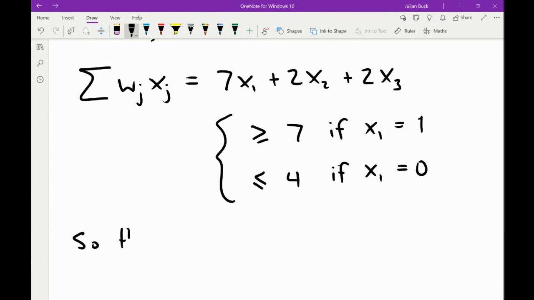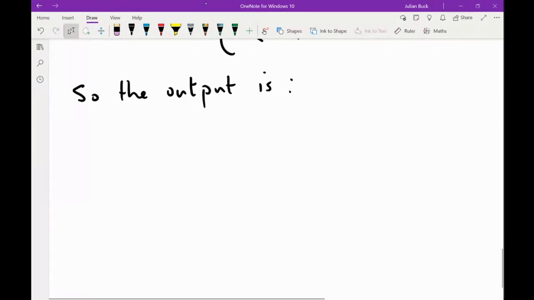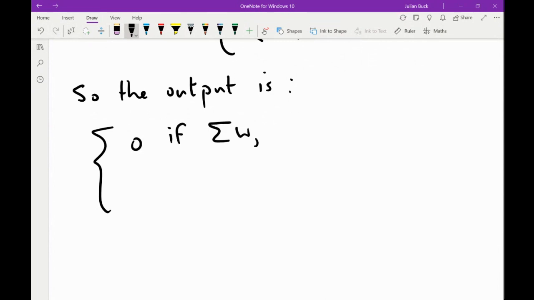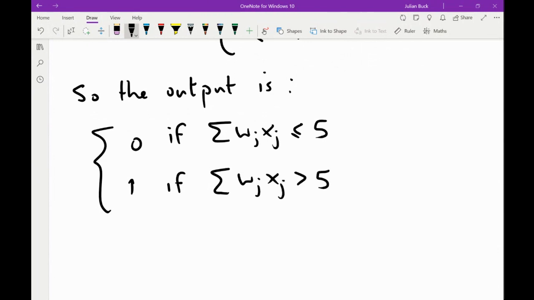So the output is, remember the bias we set was 5. So the output is 0 if the net input is less than or equal to 5, and it's 1 if the net input is greater than 5.